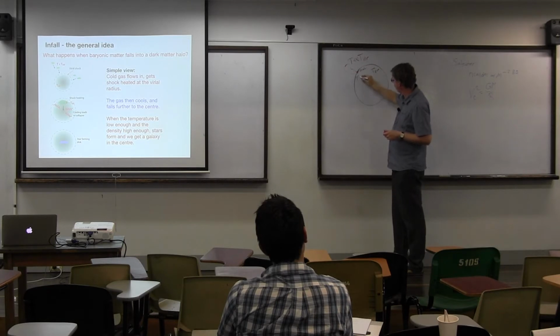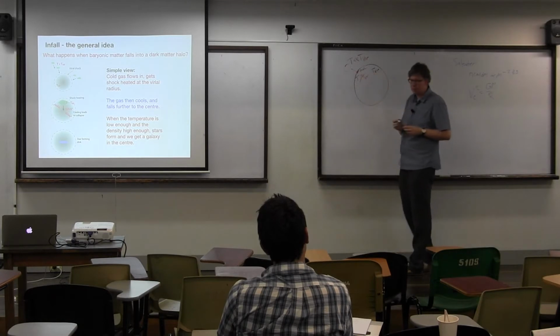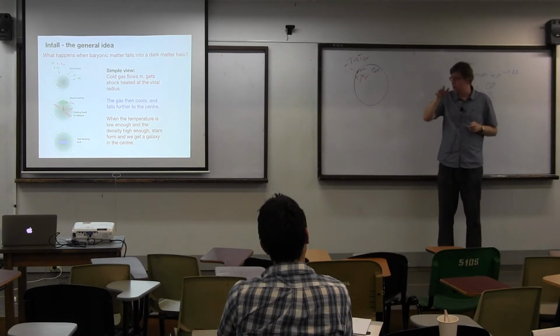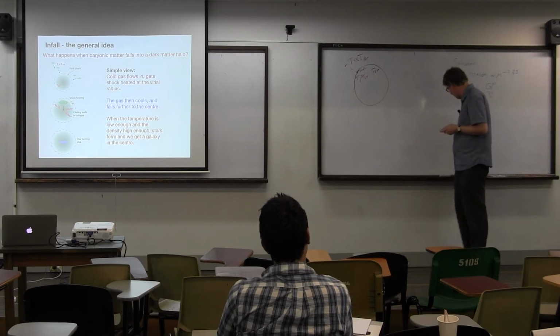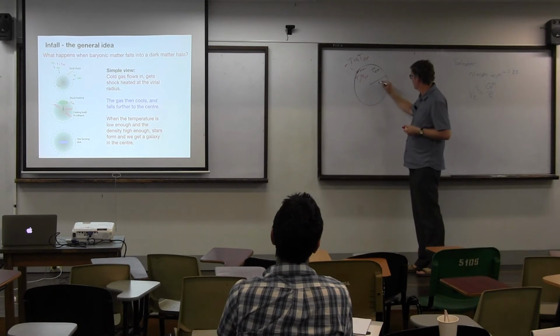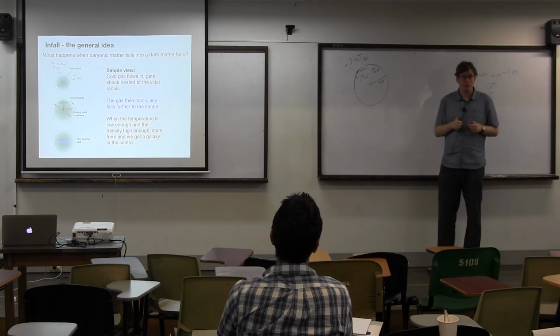And the temperature will go towards the virial temperature. Okay, so that's the idea, that there will be a shock at close to the virial radius or some place in the dark matter halo. Right there. And that will bring this gas up to the temperature of the halo.